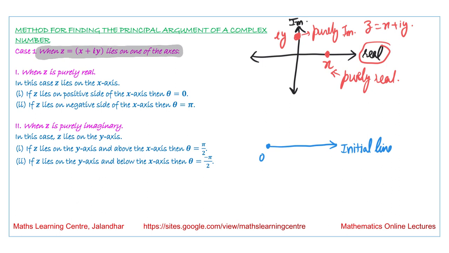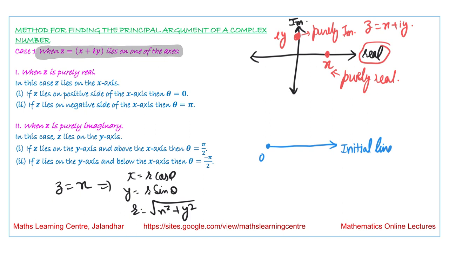And corresponding to this line, if we are talking about the number, say z is equal to x, so this implies that we have substituted x is equal to r cos theta, y is equal to r sin theta. We have seen the value of r is square root of x square plus y square, and that tan theta is equal to y by x.